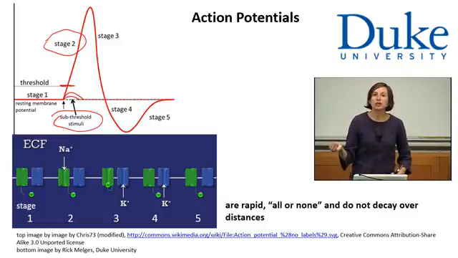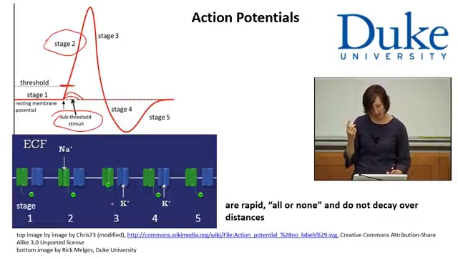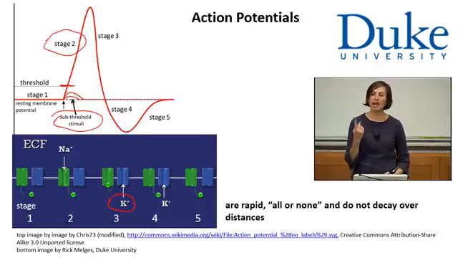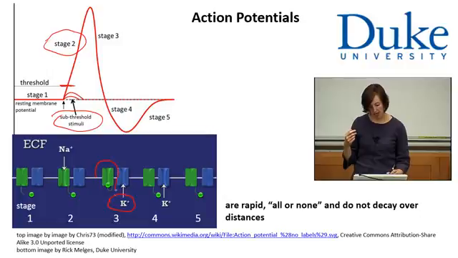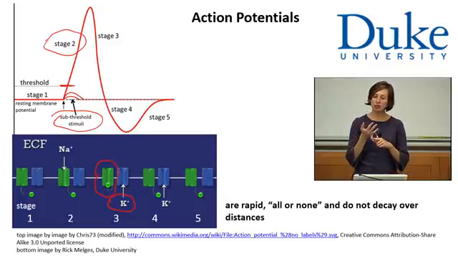In stage 3 now, we've had a little bit of time pass, and so we've got two things happening. One is now there's enough time that the potassium channels have opened, and there's been enough time that now the sodium channels are in the inactivated state, which remember means that they're no longer moving sodium and they can't be opened right now.